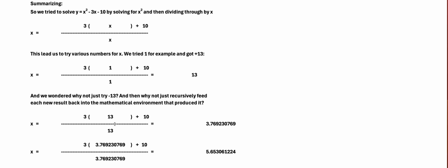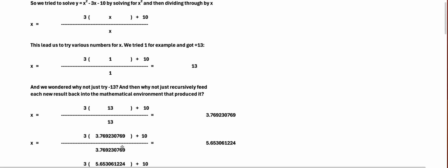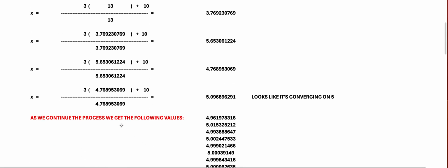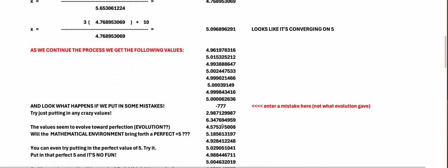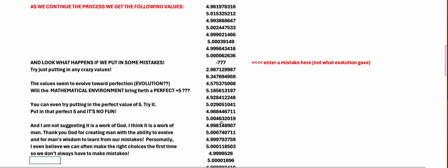Here I put in 1, and we got 13. It didn't seem to get closer to it. But as we go down through here, yeah, it's getting closer to the 5, as you can see. Now I stopped putting all the formula in here, just the answers over here. So as we look down through, getting closer and closer, 5 finally becomes 5.